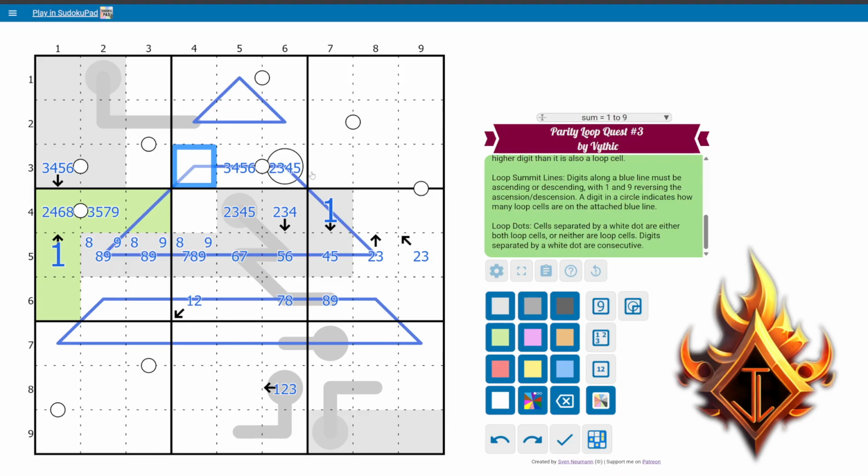So this was a 7 max. Now that could be 8. No, it can't.